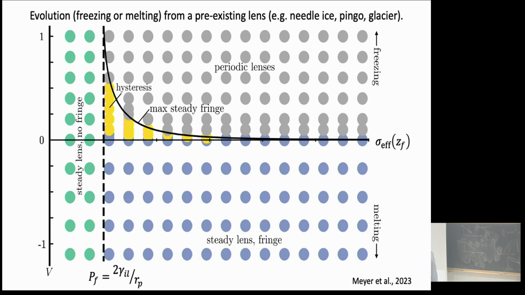If we're freezing, that's when all the interesting stuff happens. And in particular, if we're freezing at a high effective stress, we can develop periodic lenses, just like in the China silt example and in the Taber's experiment. But there is this little regime in here where we can either have a steady lens or periodic lenses, and it just depends on how we initiated the system.